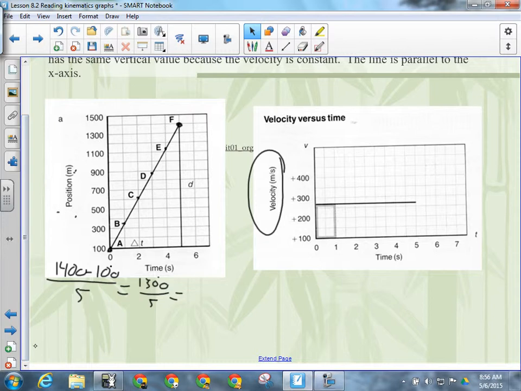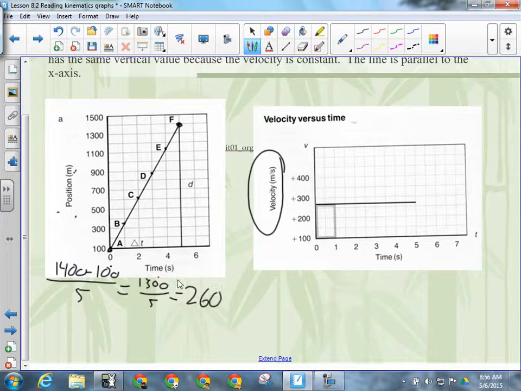So we've got a velocity here of 260 meters per second, and that's forward. Is that what that graph is showing? Yes, it is. Every line on here is 50, so 150, 200, 250, and then it's slightly above that, so that's showing exactly the same thing.